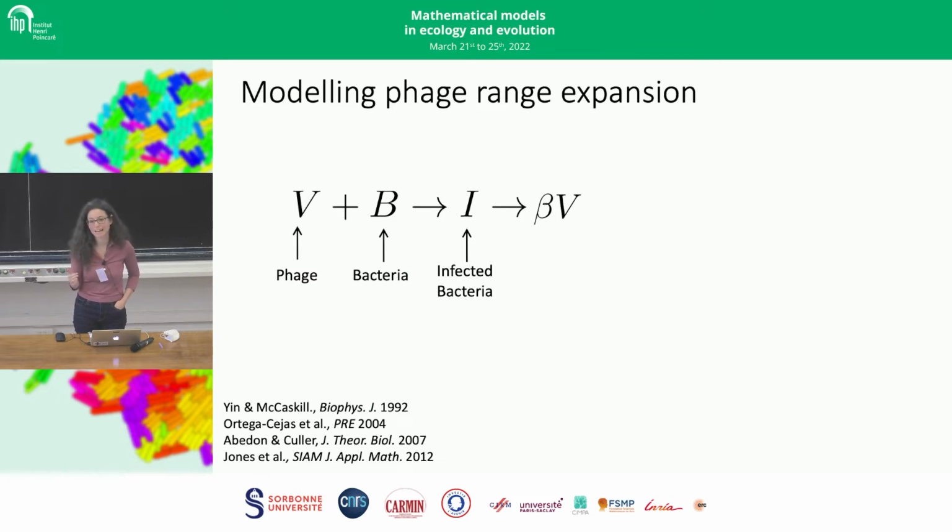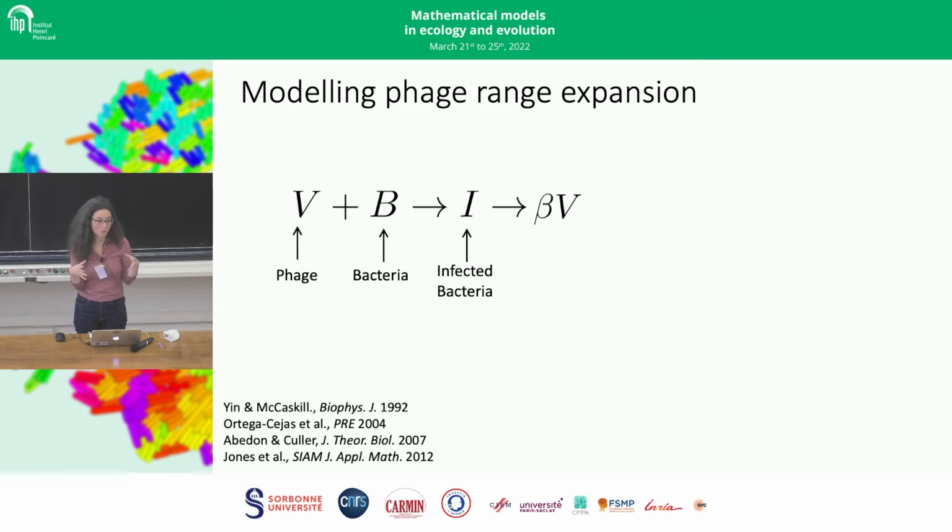This is an obligately lytic phage, so it doesn't go through any lysogenic cycle. It just infects the host, stays inside the host for a certain amount of time, and then eventually the host bursts, creating many new viral particles that then go on and diffuse and find a new host.